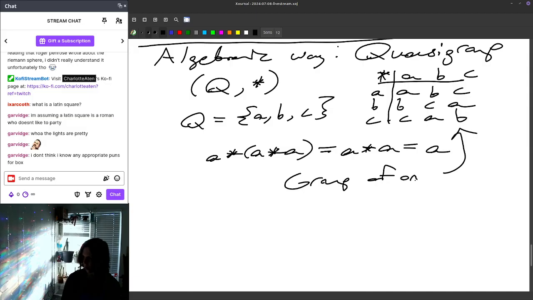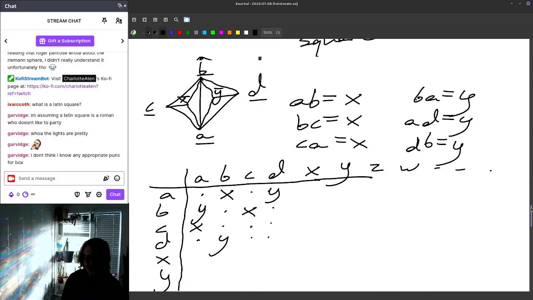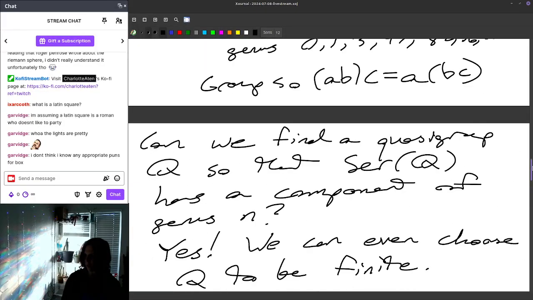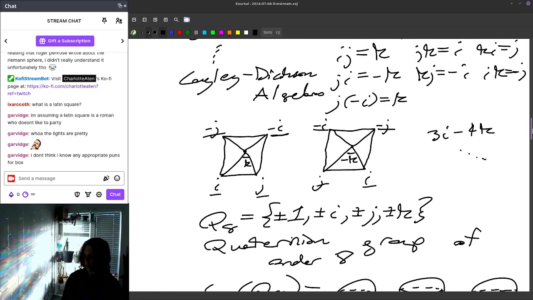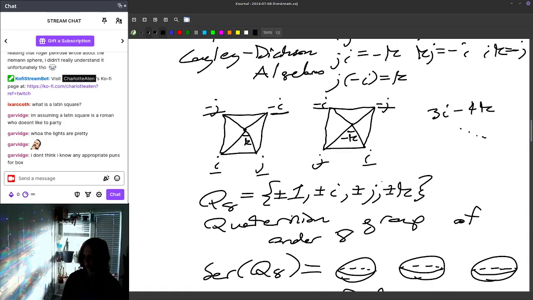So groups are special cases of Latin squares, or quasi-groups, but not all quasi-groups are groups. Most quasi-groups are not groups. But it's often helpful for theoretical reasons for us to think about these as actually like multiplication rules. And of course, you've already seen examples that make sense. You probably do not want to see me write out the multiplication table for even this 8-element quaternion group, right?